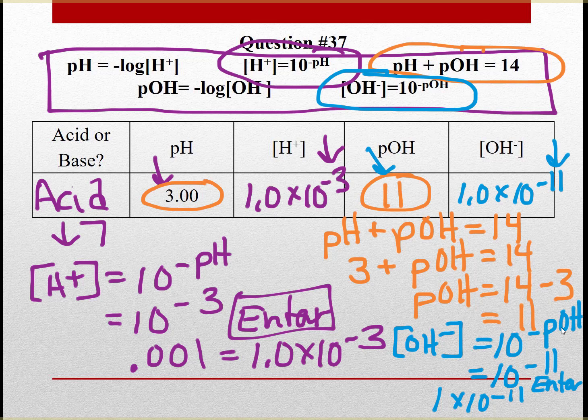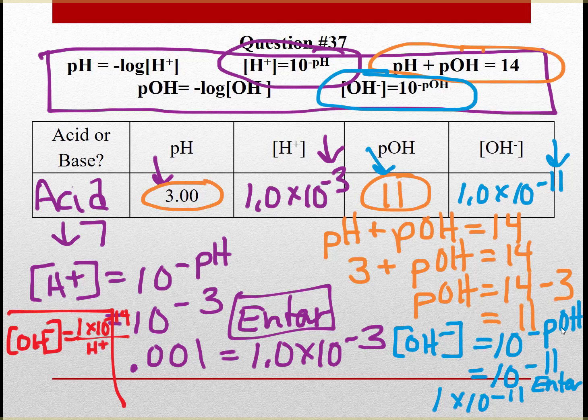There's another way to find that OH, and it would be the same way you found it in question number 36. Remember, you can find the OH by taking 1 times 10 to the minus 14 divided by your hydrogen ion concentration.